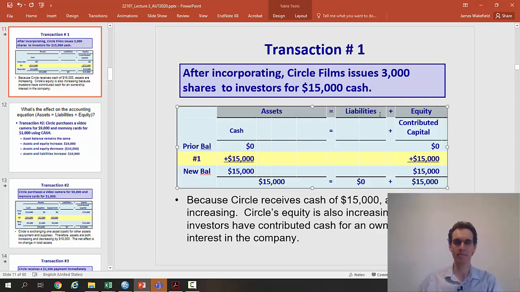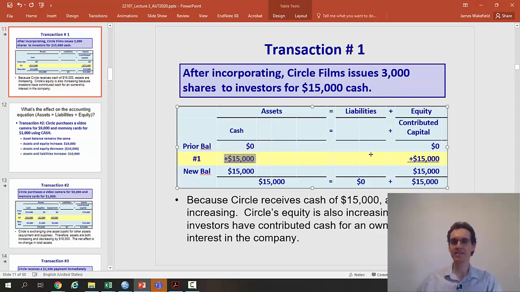Assets equal liabilities plus equity. Basically what we want to do is write the effect on each side of the accounting equation. The first thing is, if we receive $15,000 of cash in the business, that increases our assets of cash by $15,000. So we add $15,000 on the asset side.